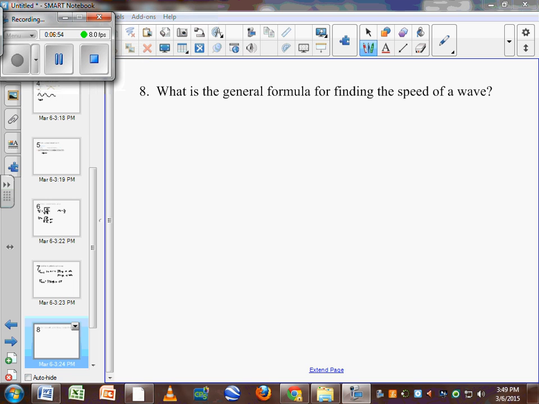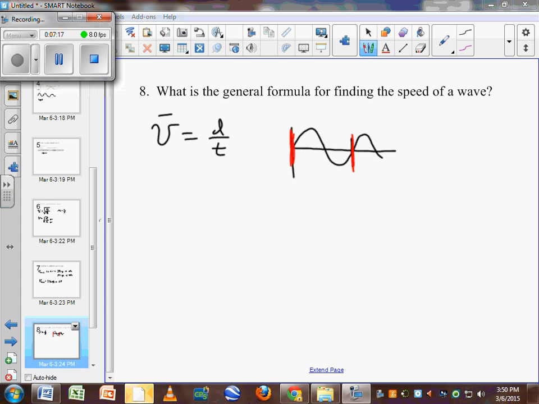We're going to look at what's the general formula for finding the speed of a wave. Well, we know that the average speed of anything is distance over time. And if we look at a wave traveling, the distance we can look at is actually a wavelength. From the starting position to when it starts to repeat, that 2 pi, that's called one wavelength. And a wavelength has this strange symbol of an upside down y called lambda.